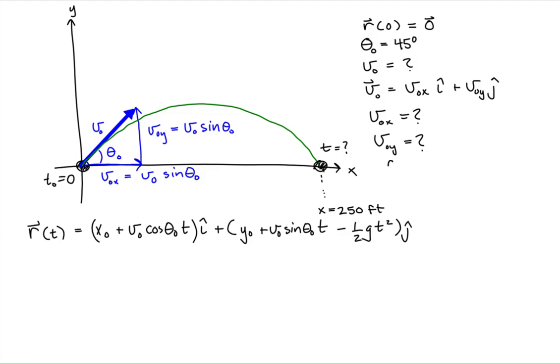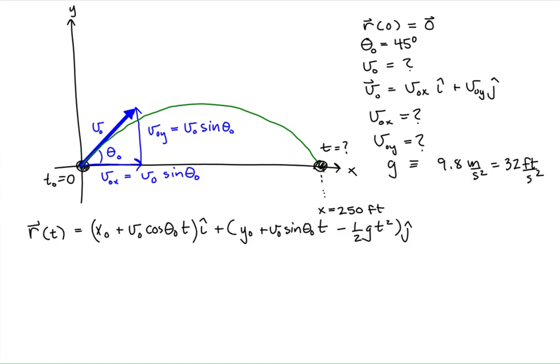We should remind ourselves that the variable g is defined to be 9.8 meters per second squared, or if we're dealing with feet, this would be 32 feet per second squared.